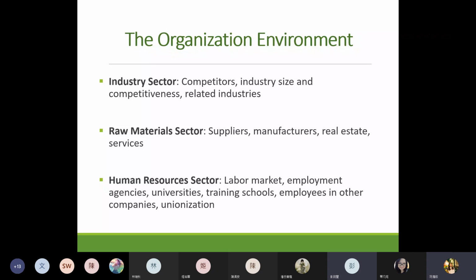So how does it link to the organization? Do you understand my question? Yeah.